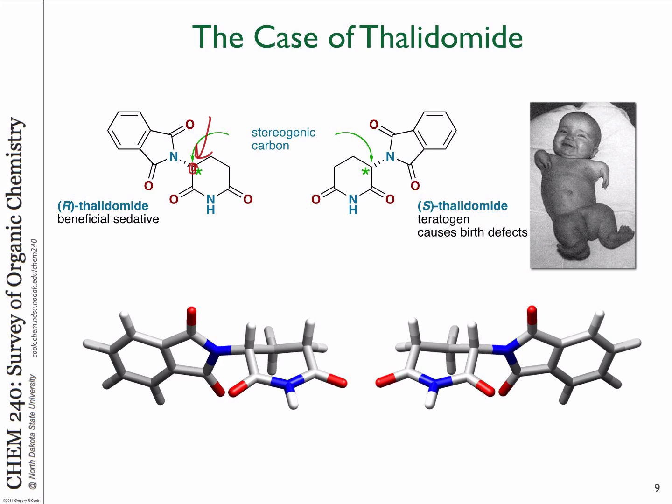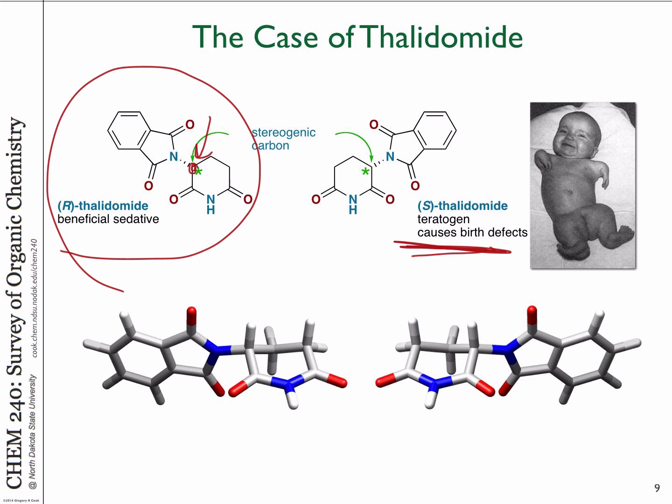If you take the mirror image of that molecule, it's the mirror image that was responsible for the birth defects. Actually, this isomer on the left is perfectly safe. It doesn't cause birth defects at all and has the beneficial properties that they were looking for in this drug.